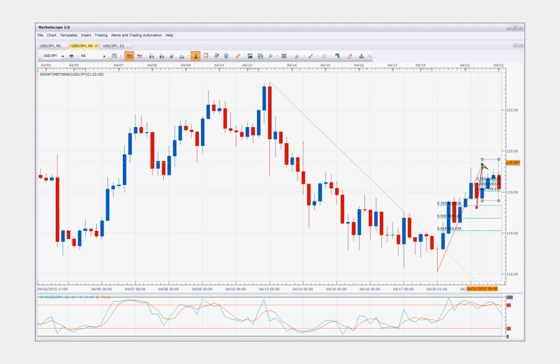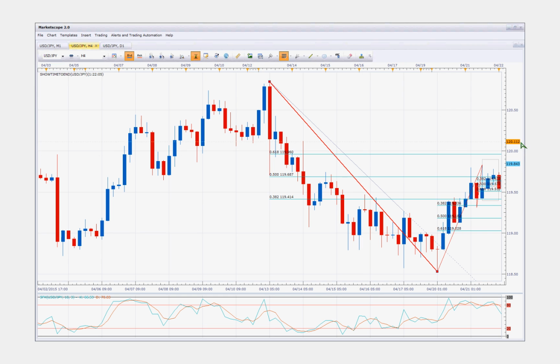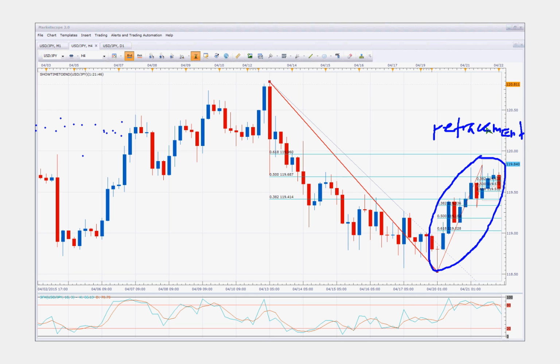Now, from what you drew, from top to bottom, yep, definitely that's valid, but this is the retracement of this impulse.